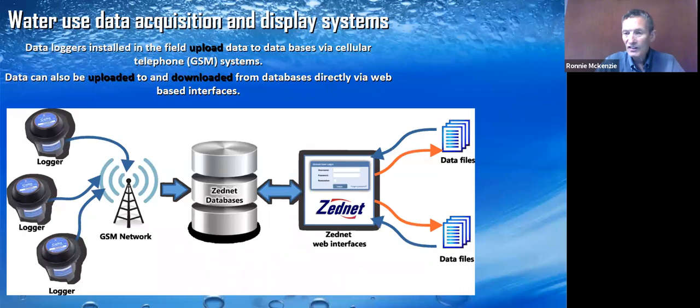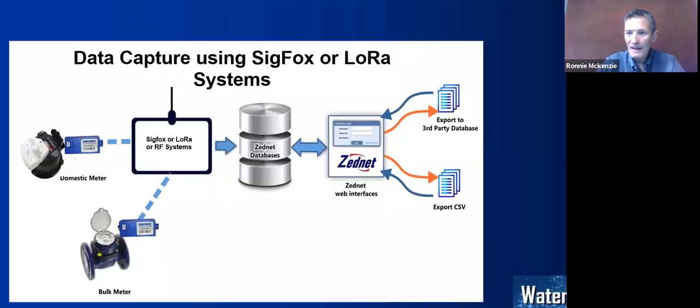We've got our own system where we use loggers and we bring them into a centralized database. I think we've got about 12,000 reporting daily between industries, townhouses, all sorts of things like that. We can also use LoRa, Sigfox. I don't know if you've got Sigfox coverage where you are.